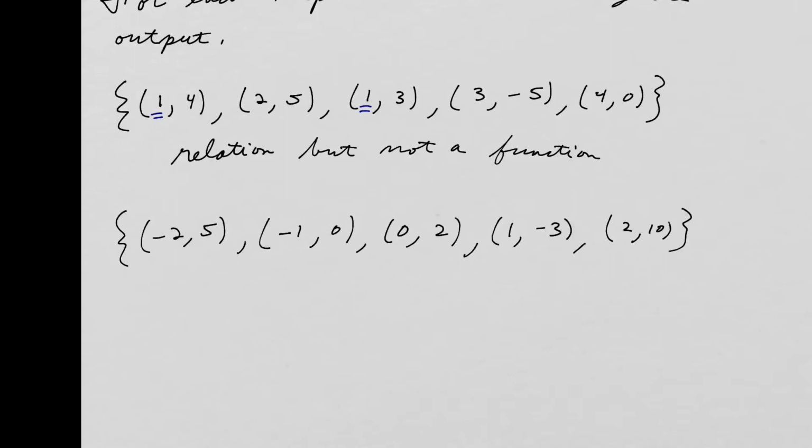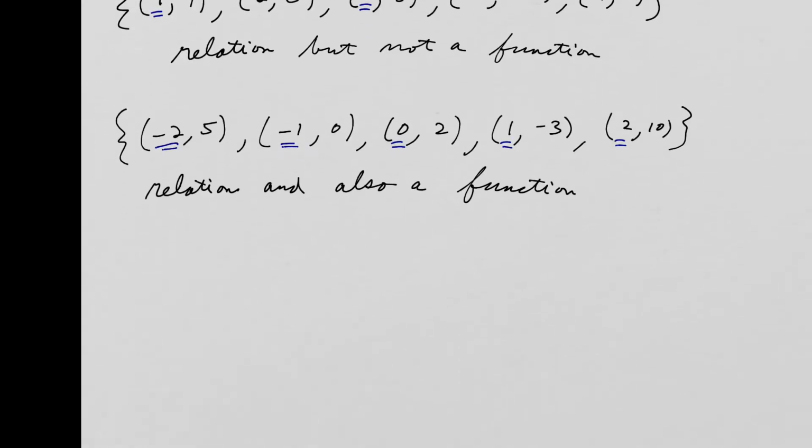This is a relation, because any set of ordered pairs is a relation, but it's also a function because for each input, there's exactly one output. A quick way to check that is that the x values don't repeat. If the x values don't repeat, it is a function. So it's a relation, and also a function.